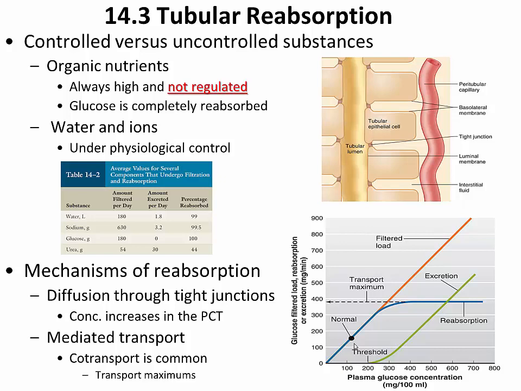Although, if we look at this table, the reabsorption of water is extremely high. As I mentioned, you notice you don't excrete 180 liters of urine per day. But you do excrete perhaps 1.8 liters per day. And so this would mean that water is 99% reabsorbed. But, as we're going to learn about, the body can adjust that significantly depending on how much water the body is taking in and how much water the body is losing via other avenues.